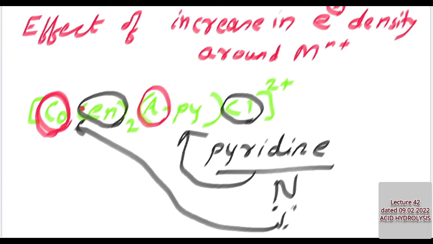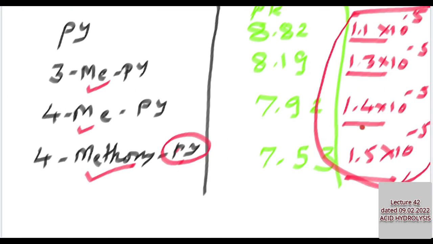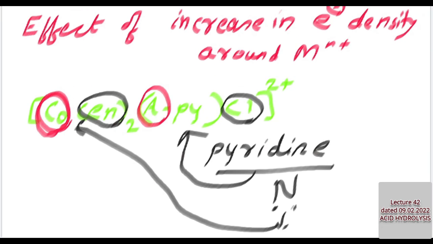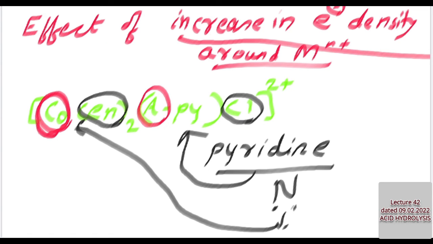It is ready to break up the chloride ion, ready to remove one of the ligands. Hence, the SN1 mechanism will be easy. That is a practical observation. So these rates of reaction conclude that there is an SN1 mechanism, and this SN1 mechanism is because of the increase in electron density around the metal ion.